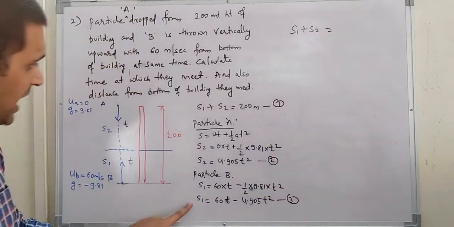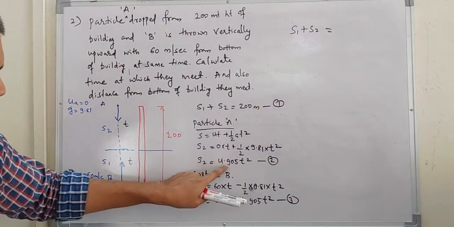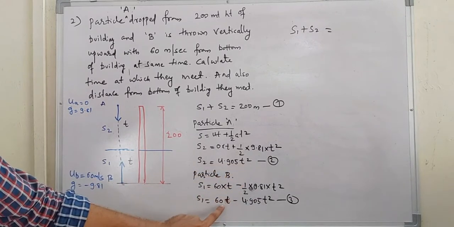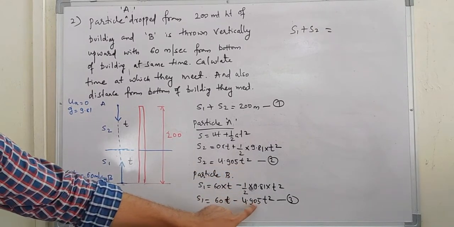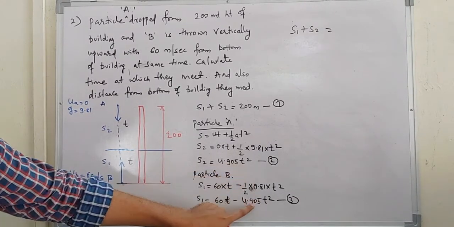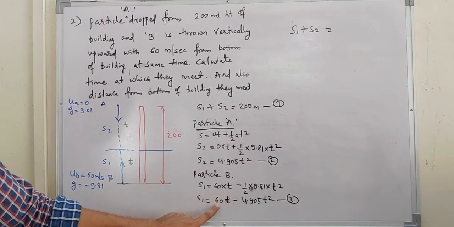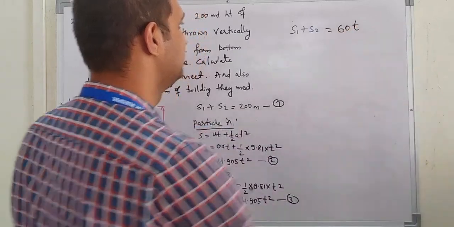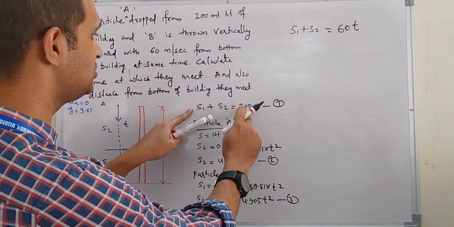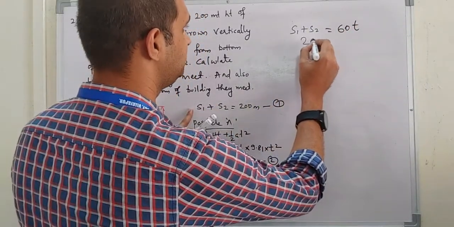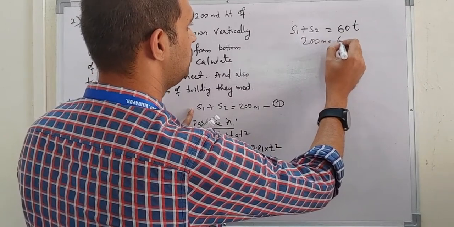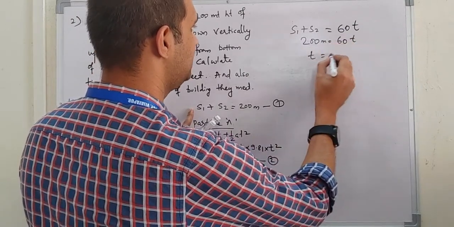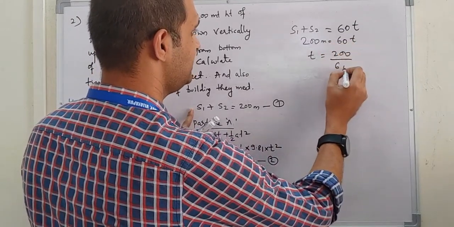Now looking at the RHS, it is 4.905 t square plus 60 t minus 4.905 t square. The plus and minus terms cancel, and I will be left with only 60 t. And we have already seen that S1 plus S2 is 200 meters, which is equal to 60 t, so t will be 200 divided by 60.